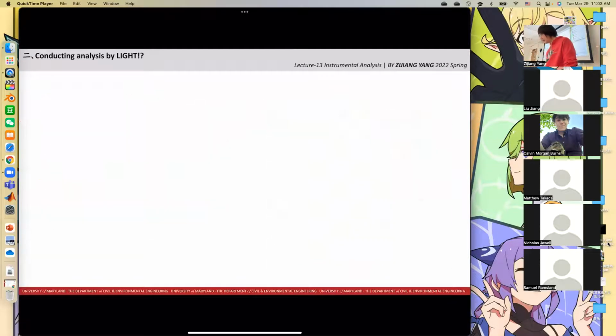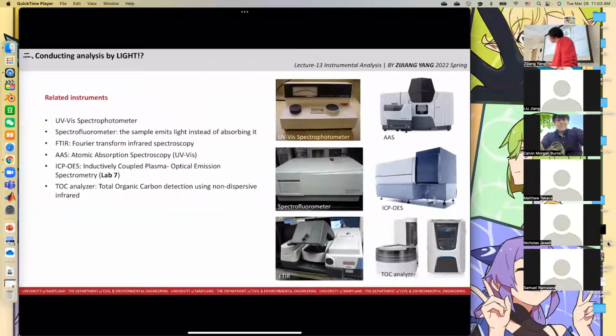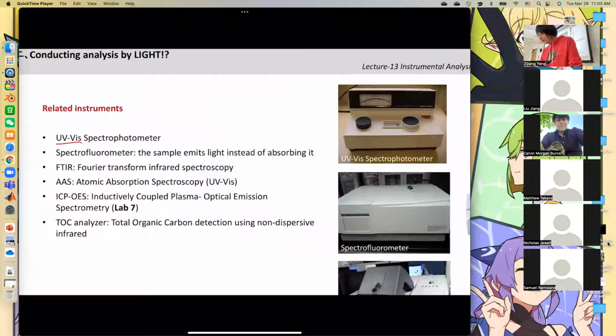And here are some examples. There are some related instruments that are based on spectrophotometry. The first one, let's say, is the UV-Vis spectrophotometer. We can see the UV here refers to ultraviolet, and the Vis refers to visible light.